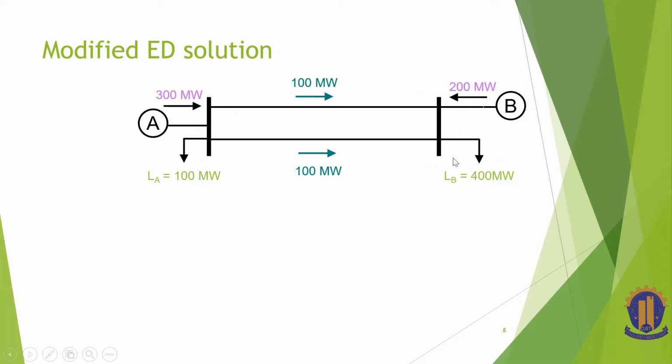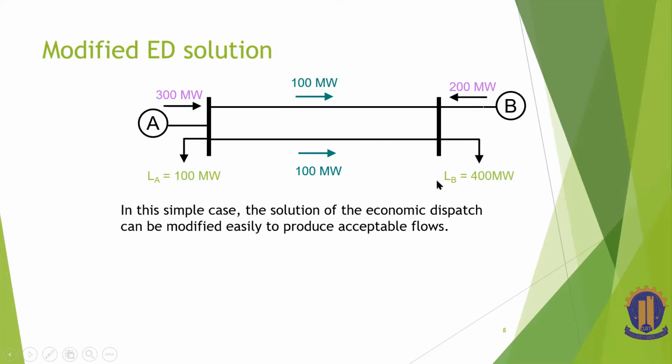Together they supply the 400 megawatt load. So we have to correct or modify it in this way. In this simple case, the solution of the economic dispatch can be modified easily to produce acceptable flows.